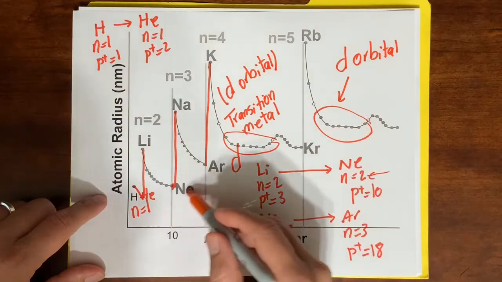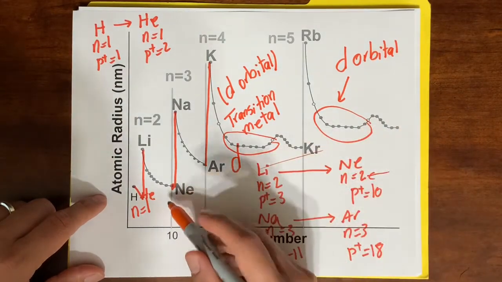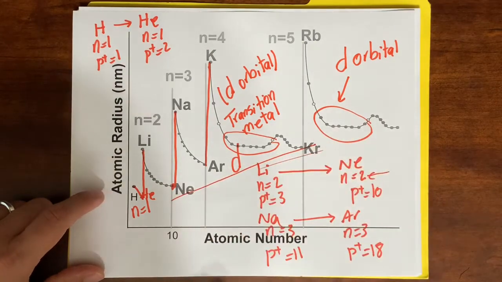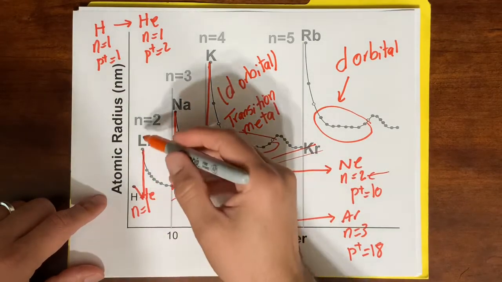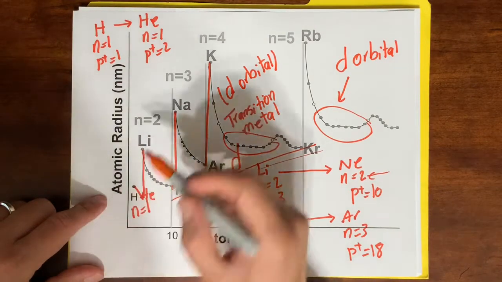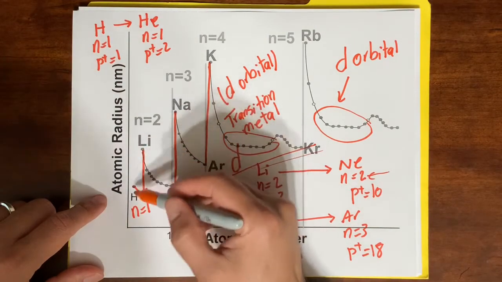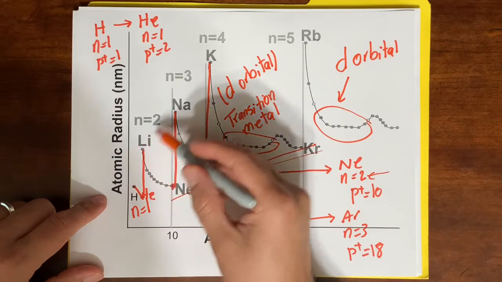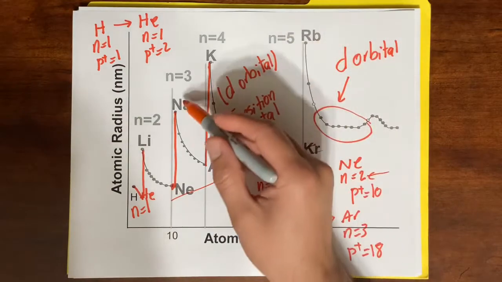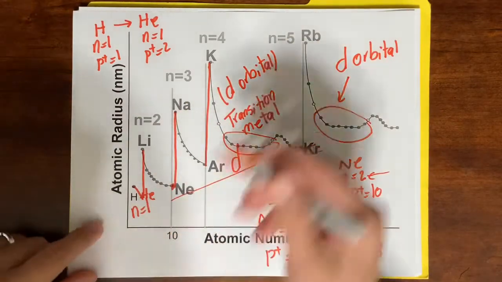So the smallest size in one period belongs to the noble gases. The biggest size in one period belongs to group 1: hydrogen, lithium, sodium, potassium, and rubidium. All of them belong to group 1.